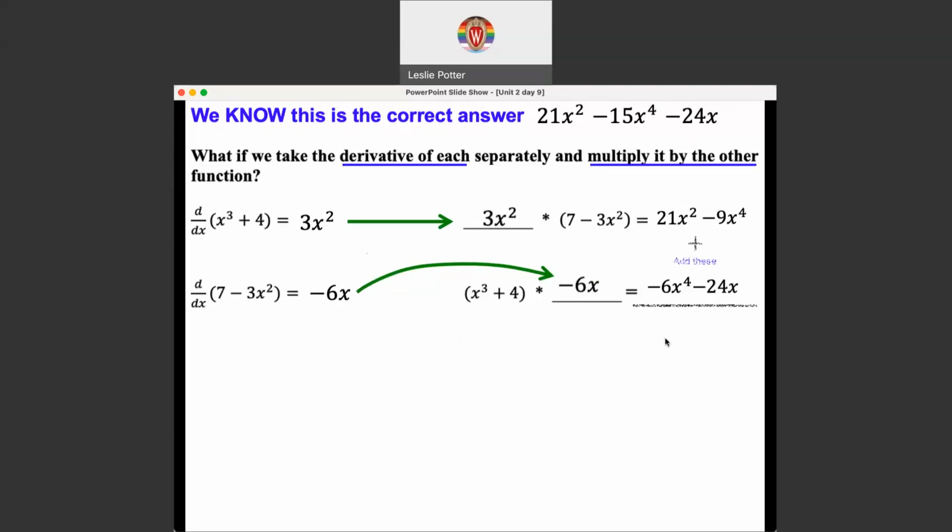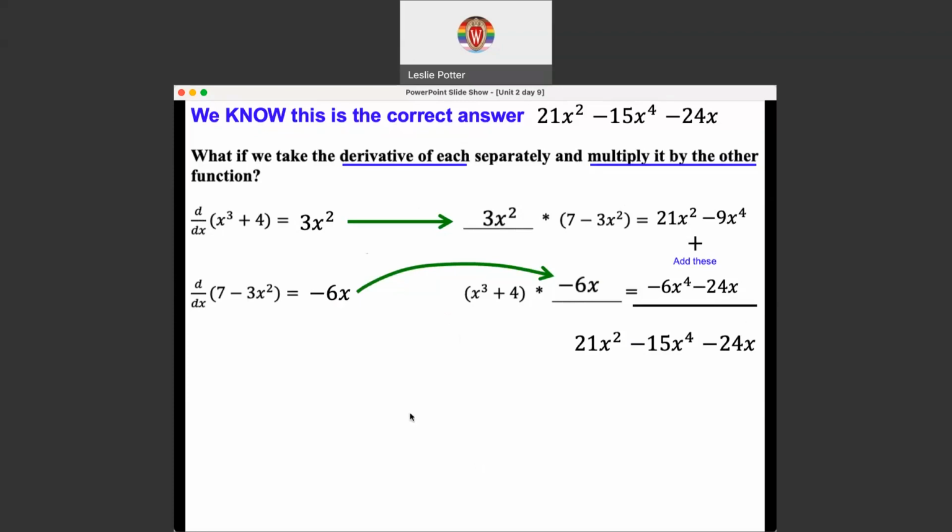Well, what happens if we add those together? Then we combine like terms. So we get 21x squared minus 9x to the fourth minus 6x to the fourth is minus 15x to the fourth minus 24x. There it is. Here is the process. It's a little clunky, but that's what gets us the right answer.